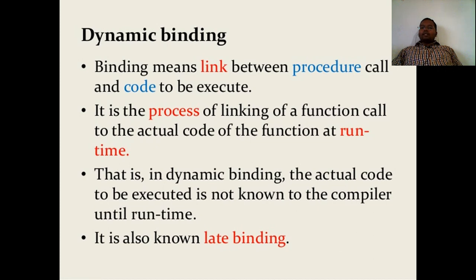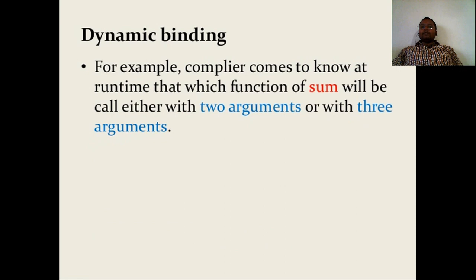It is also called late binding. For example, the compiler comes to know at runtime which sum function will be called, either with two arguments or with three arguments. Means the compiler doesn't know which method has been called.